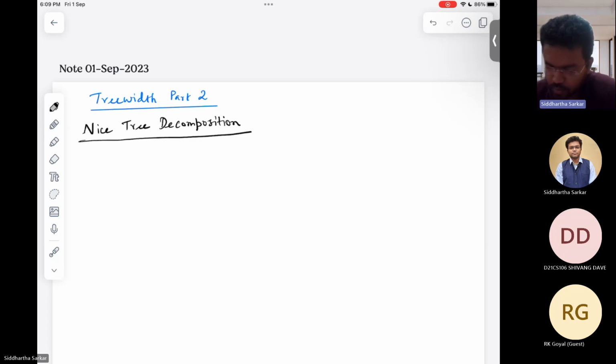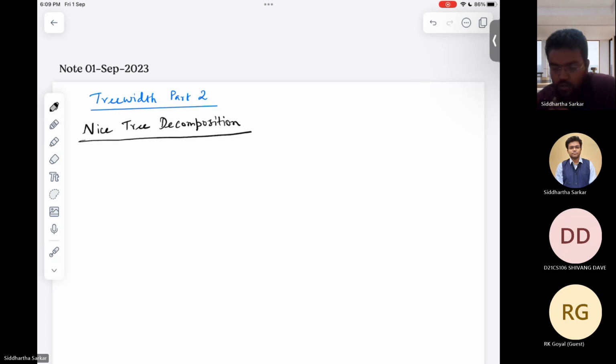So far we have seen that we want to find a tree width where the maximum bag size is minimized. Here we are looking at designing or constructing tree decompositions which have certain properties which we call the nice properties.